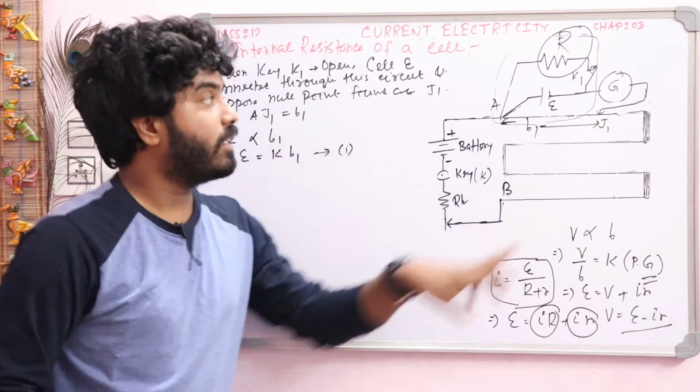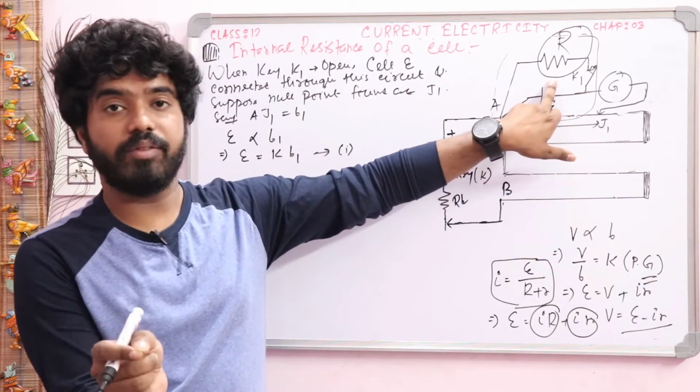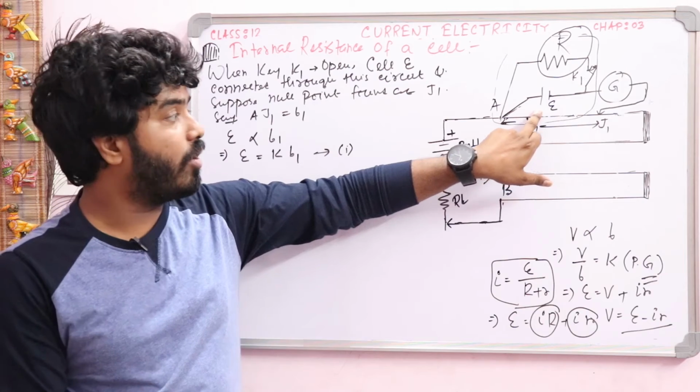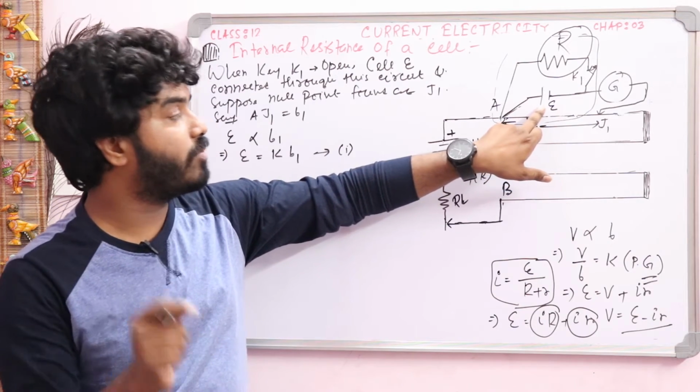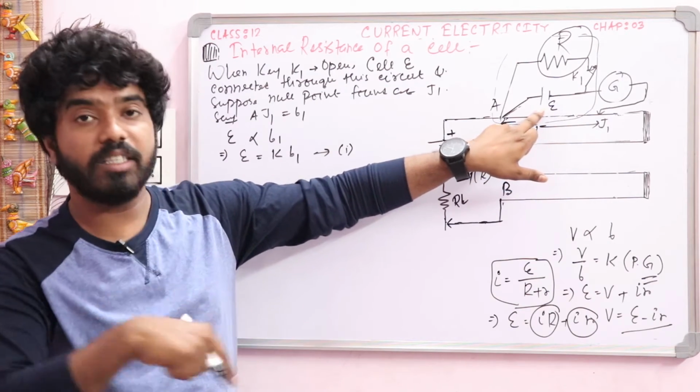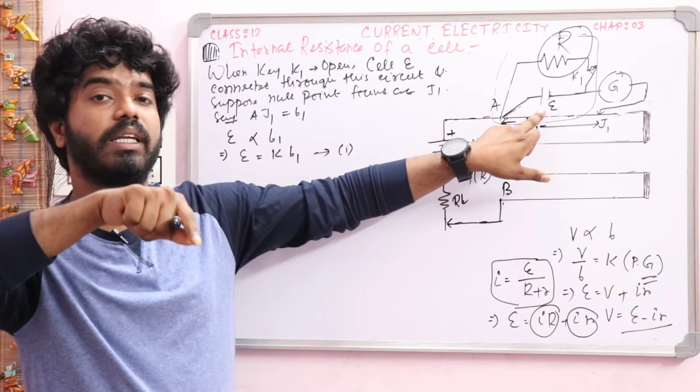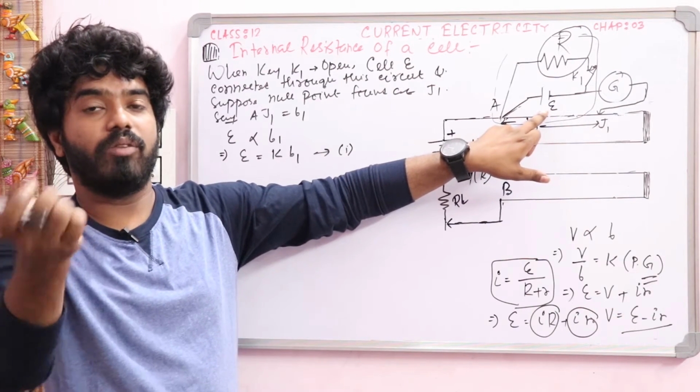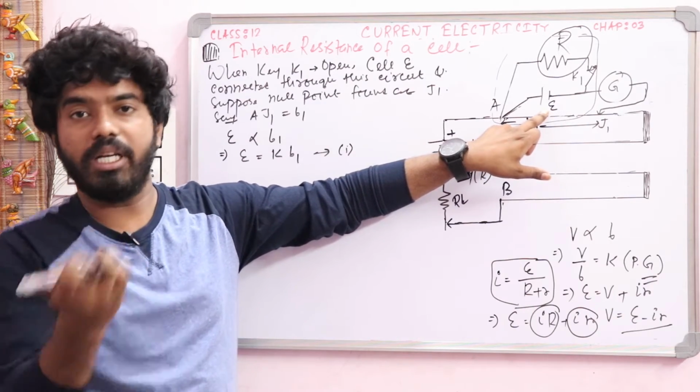Here the net EMF is not E, because current is flowing. When current flows through a circuit, it is converted into terminal potential difference.